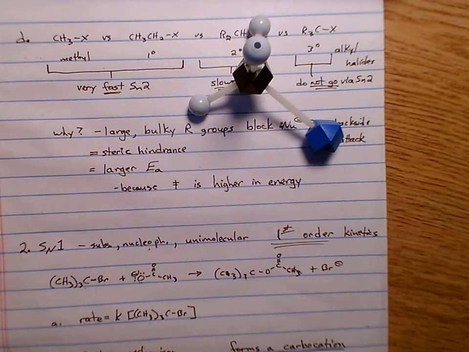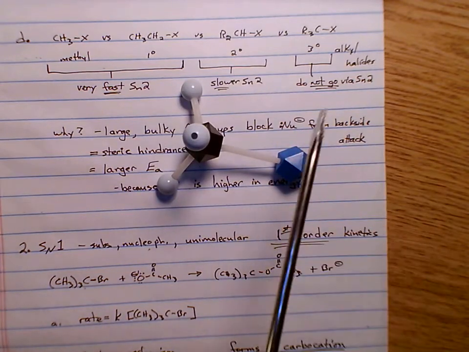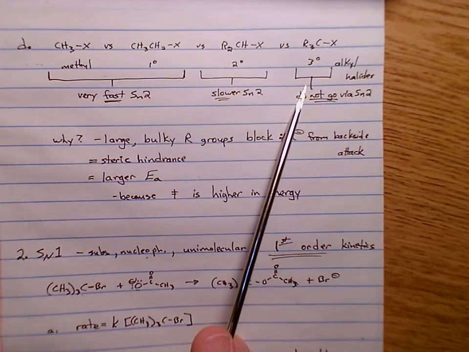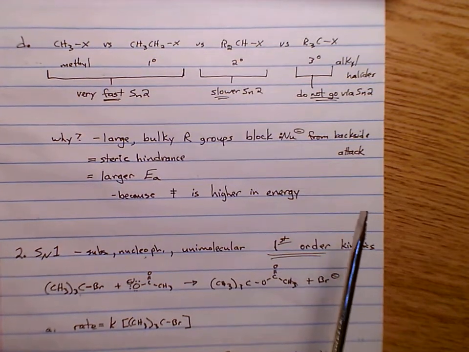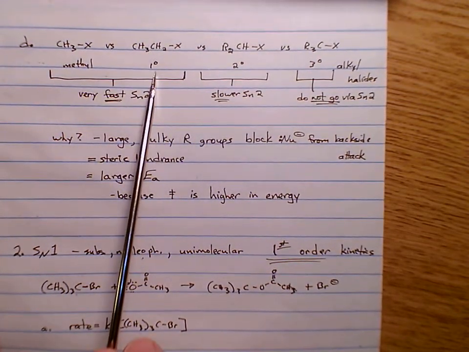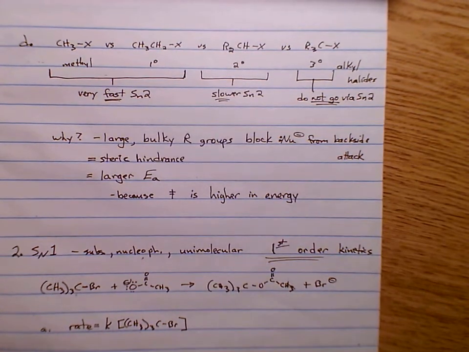So due to steric hindrance, due to blocking from that backside attack, in tertiary alkyl halides there's too much stuff blocking that carbon for a nucleophile to attack it. So when you're dealing with the SN2 mechanism, we're mainly going to be looking at primary alkyl halides and sometimes secondary alkyl halides, but tertiary alkyl halides just will not do this mechanism.